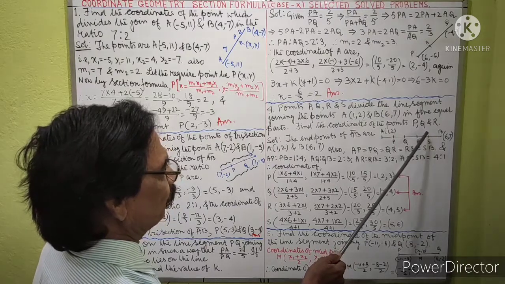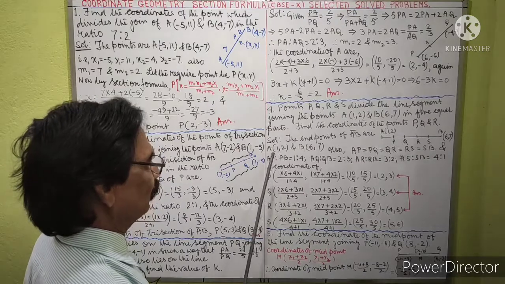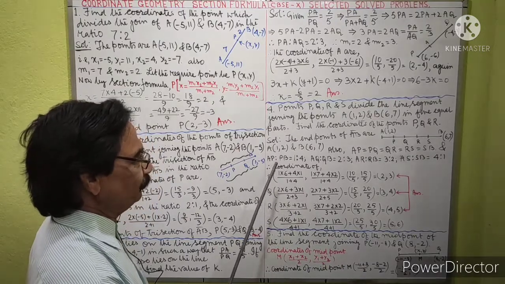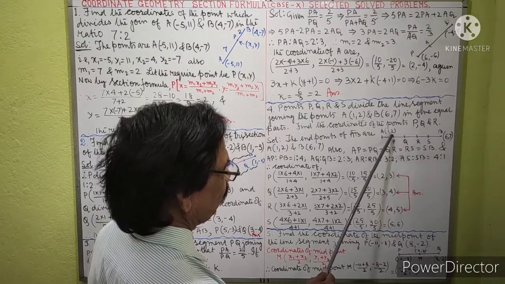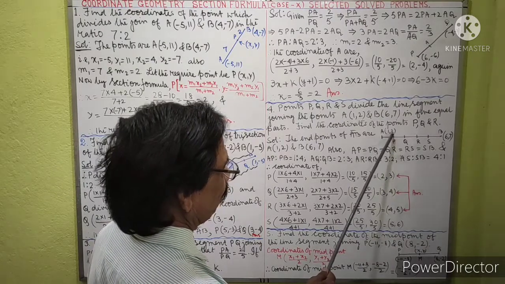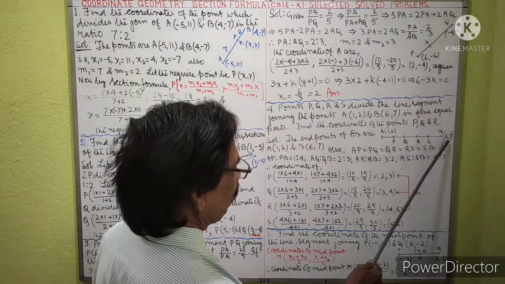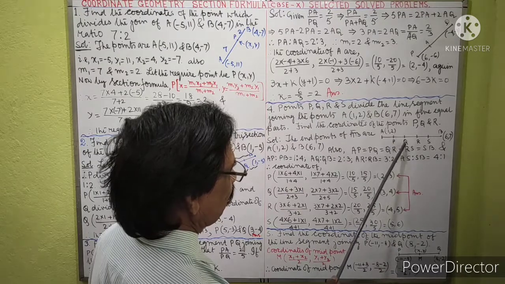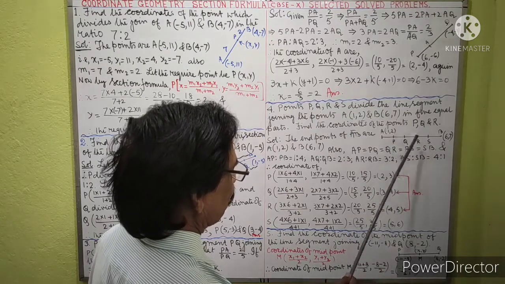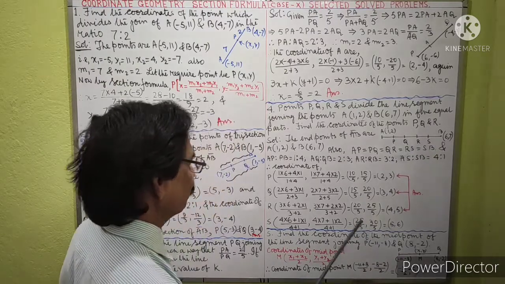Here A: x1 equal to 1 and y1 equal to 2. B: x2 equal to 6 and y2 equal to 7. And these are 5 parts, with P, Q, R and S as the 4 dividing points, so it is 1, 2, 3, 4, 5 parts, total 5 parts.